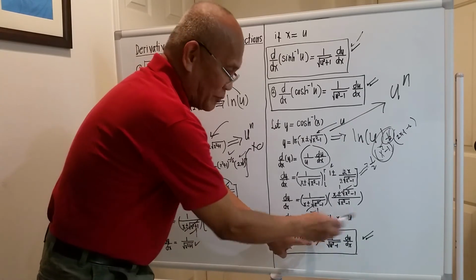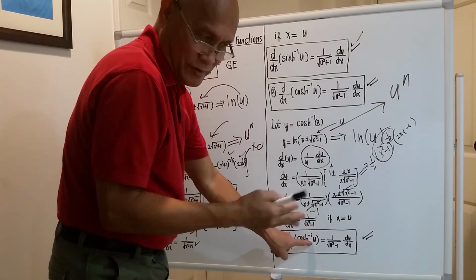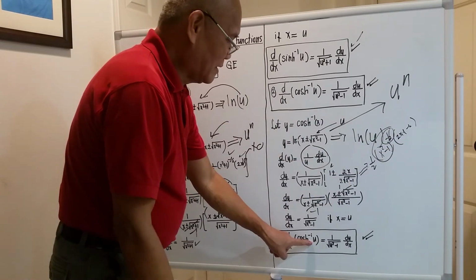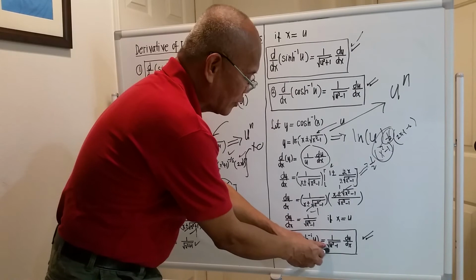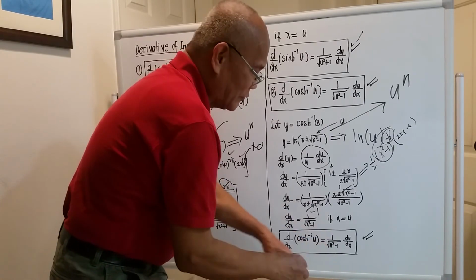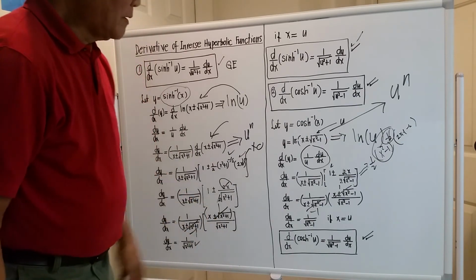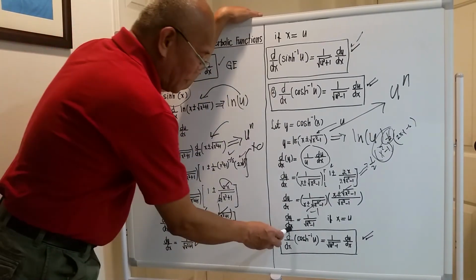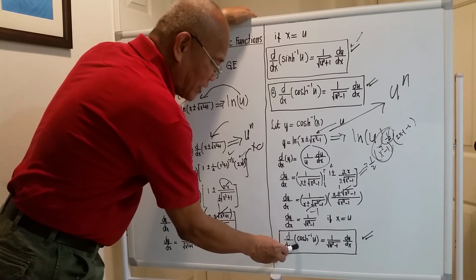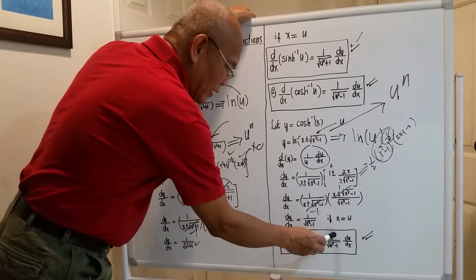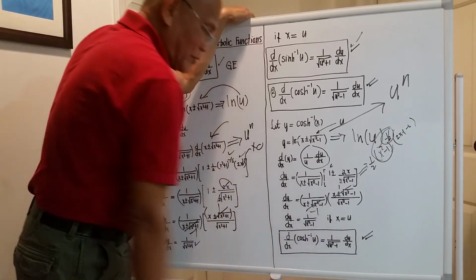I now replace x by u to be more general, so it could take any type of function, right? Is equal to 1 over the square root of u squared minus 1 times du/dx. That's formula number 2. Meaning, the derivative with respect to x of inverse hyperbolic cosine of u is 1 over the square root of u squared minus 1 times du/dx.